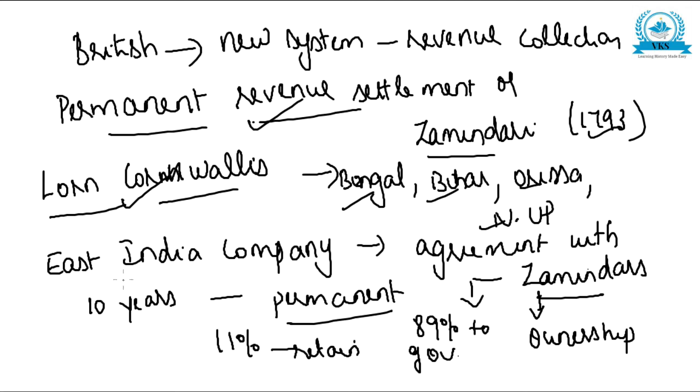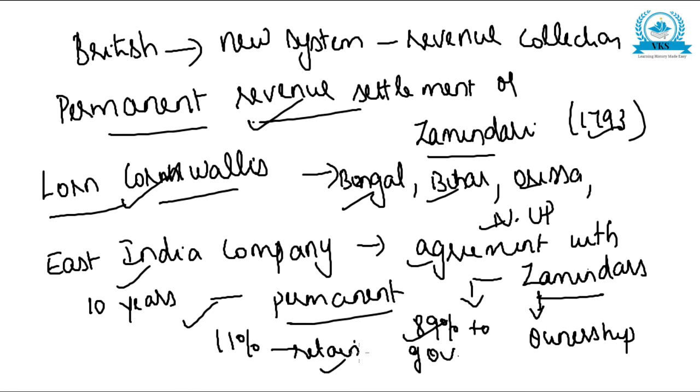According to this system, the East India Company entered into an agreement with the Zamindars. First it was introduced for 10 years and later it became permanent, and hence it was called the permanent settlement system. Zamindars had to pay 89% to the government and could retain the balance of the total revenue collected.